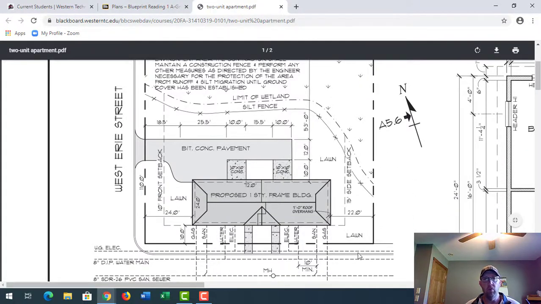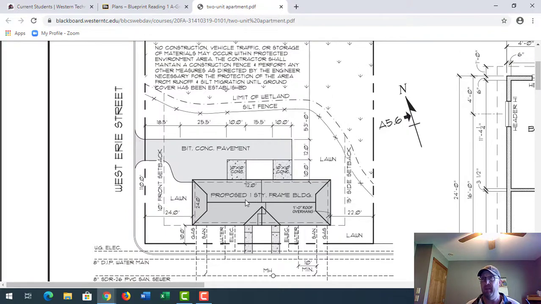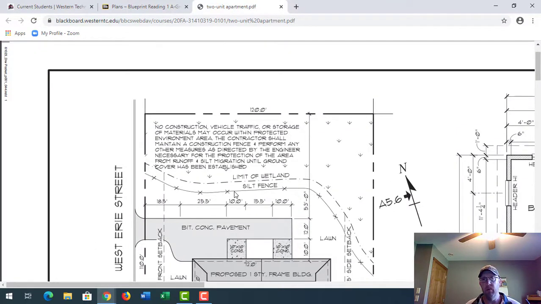It's going to show you the setbacks, basically the outline of the lot, the dimensions of the lot, and anywhere there's erosion control or silt fence, it's going to show you that. And remember, you're looking at this from the top down. All right, so as you read, get to know that kind of stuff.